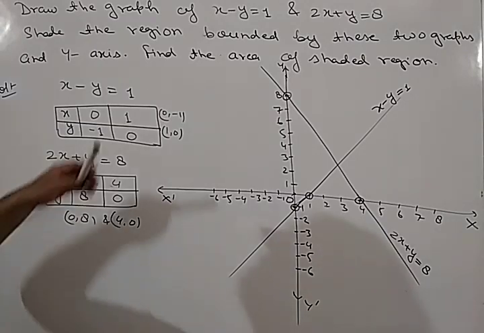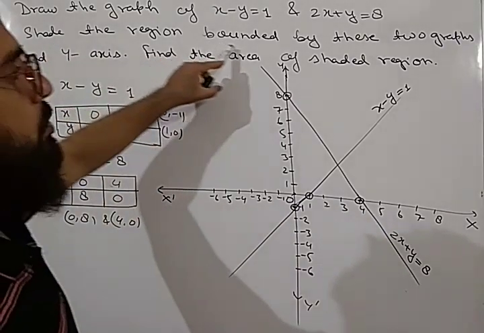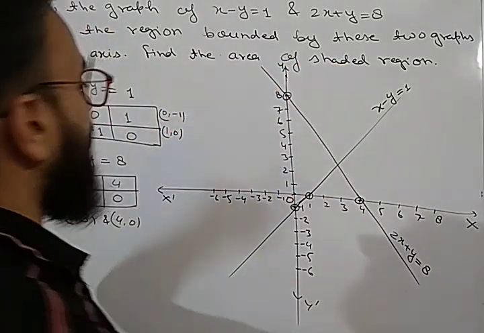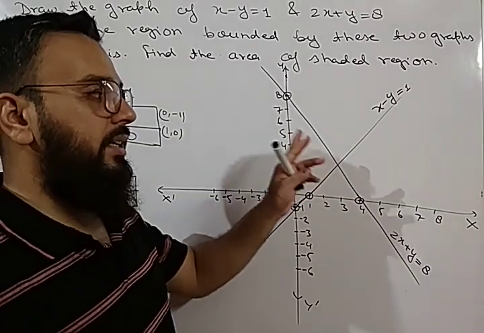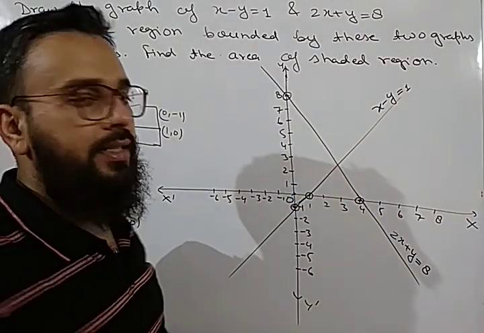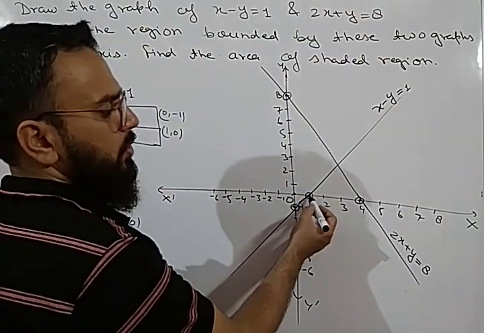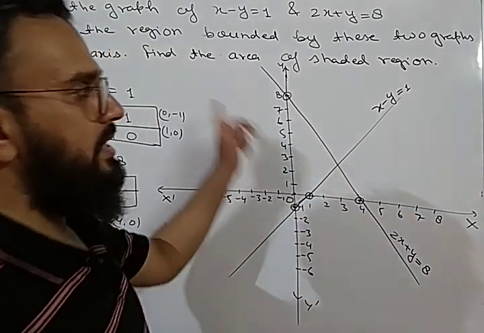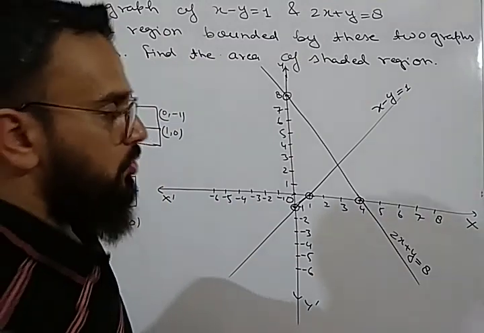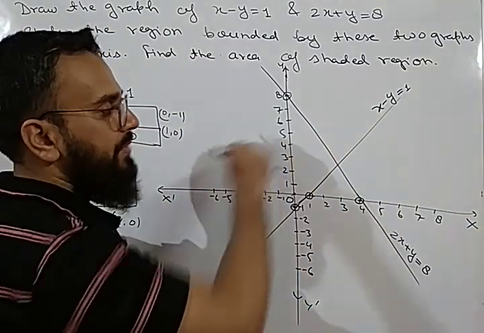Now we have to shade the region bounded by these two graphs and the y-axis. In the previous question, it was to shade the region between two lines and the x-axis, so we took that particular region. But now in this case, it is the y-axis. So what is the region between the two graphs and the y-axis?